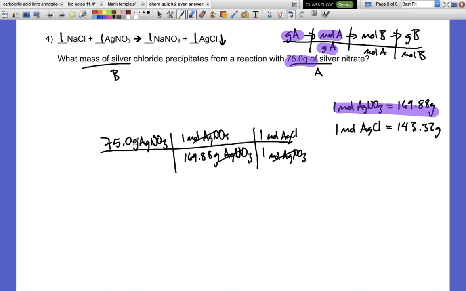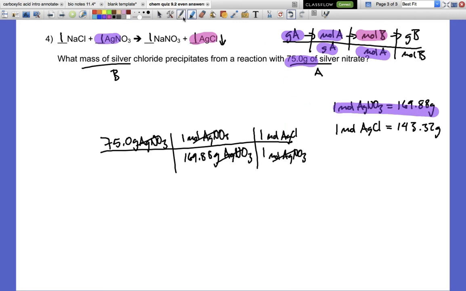That's important. I need to cancel all labels as I keep going, and I have a new substance now, right? But again, I just used a ratio from the balanced equation up here, and the silver nitrate happens to be a 1, the one on the bottom. Silver chloride is also a 1 that goes to the top, but often that's not a 1 to 1, so you just put in whatever you're supposed to put in.